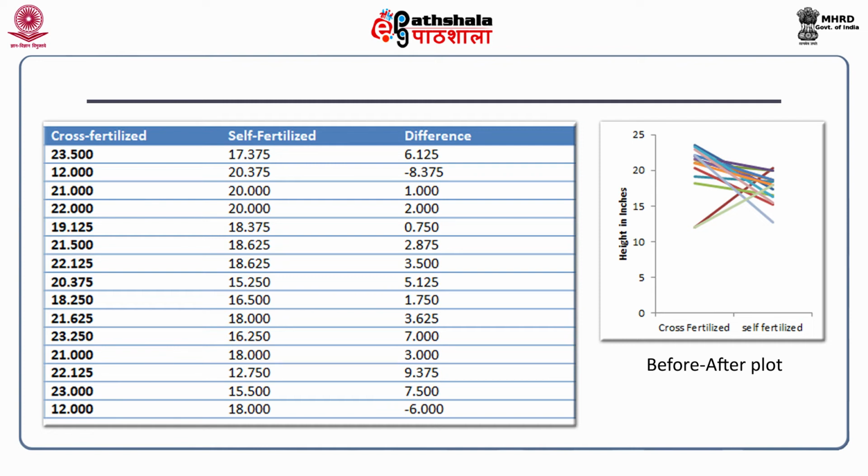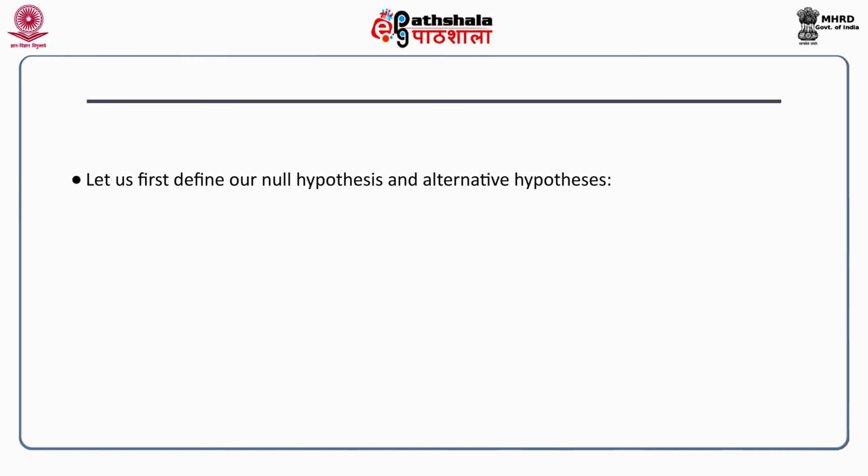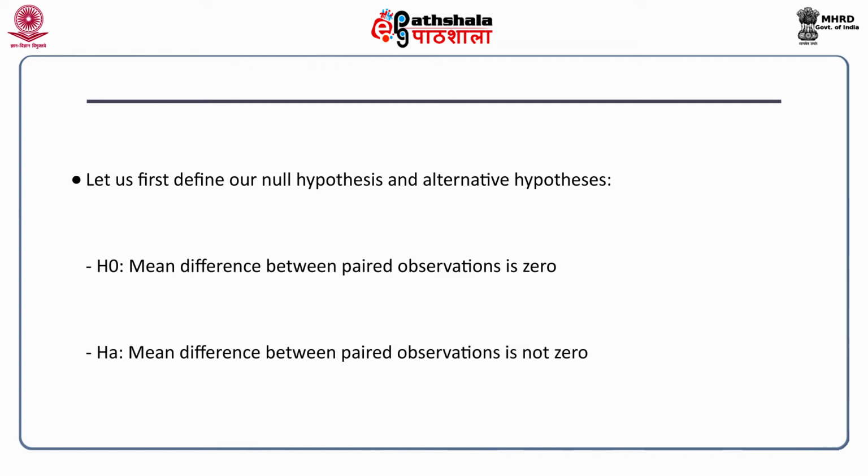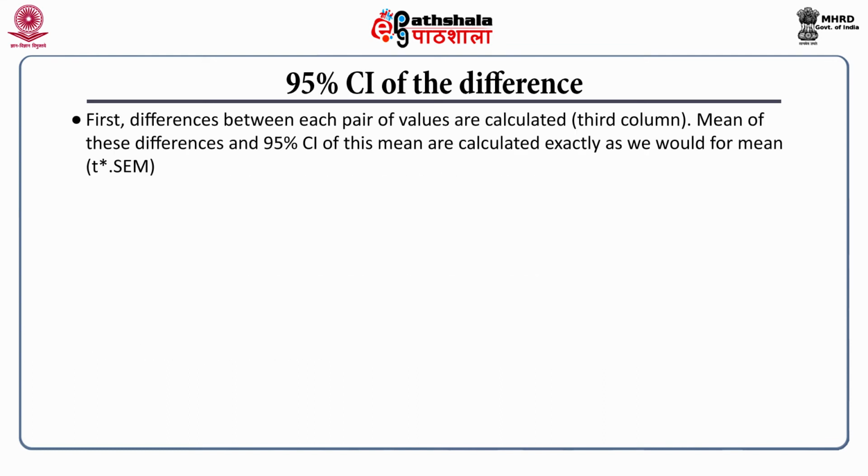Given this table, let us first define our null hypothesis and alternate hypothesis. Our null hypothesis is that the mean difference between the paired observations is 0, while the alternate hypothesis is that the mean difference between the paired observations is not 0. So this is actually whether the paired observations differ or do not differ. That is exactly what it is. So how do paired t-tests work?